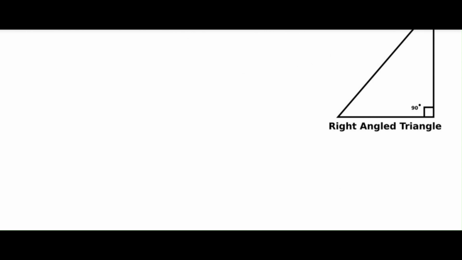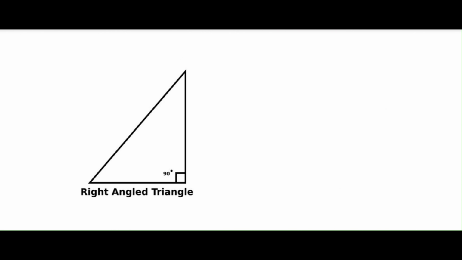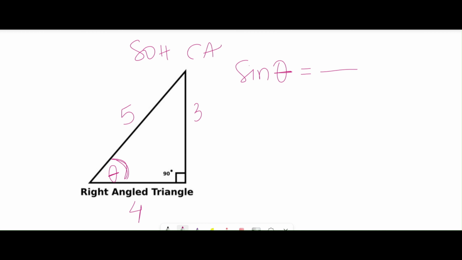Let's have a practice, okay? We have a right angle triangle, and let us assume that this is the angle that we are looking at. I will say that this side here is 3, this side is 4, and this side is 5. Now, to find the sine of my angle, what did we say? SOHCAHTOA, right?